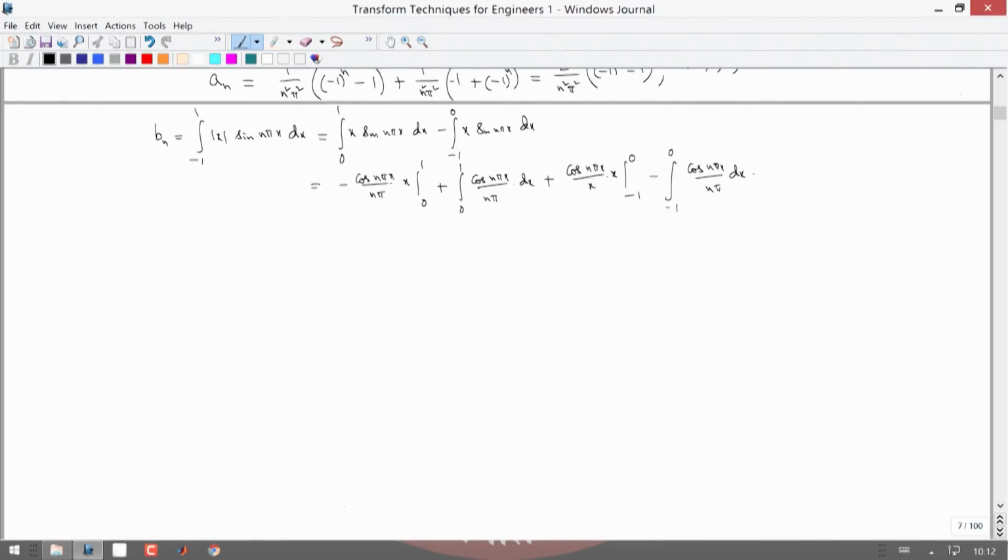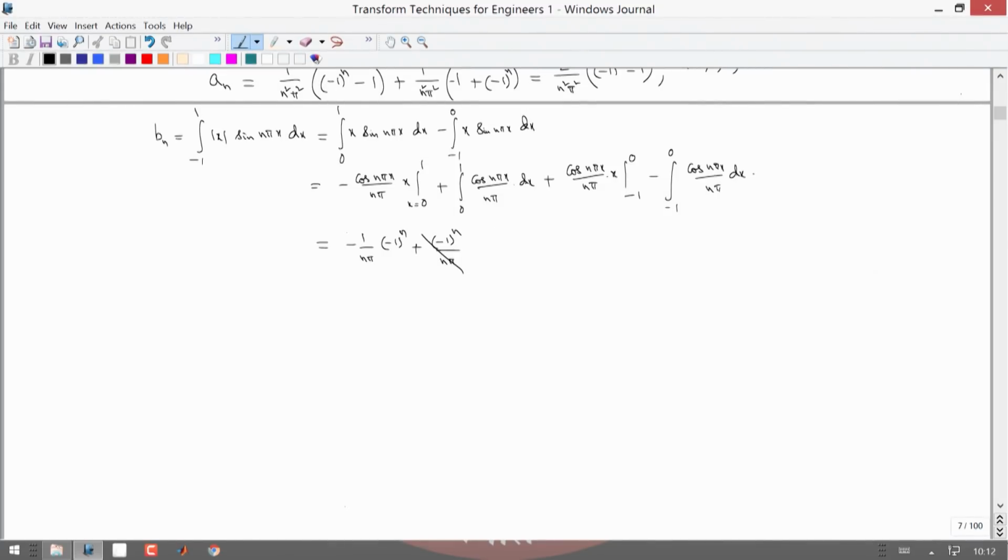So, as you see, this part is minus 1 by n pi, cos n pi is (-1)^n, minus 1, that is 0 because of x. If you substitute x equal to 0, this is 0. So, you have only this, and what about this? This is minus of (-1)^n, this is n pi, n pi, and you have a minus 1 that makes it plus.